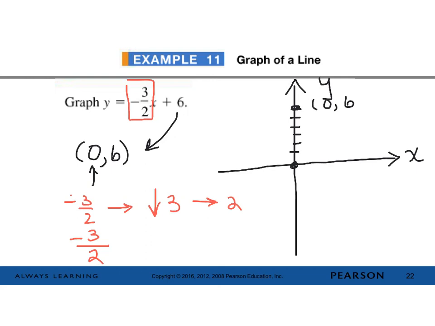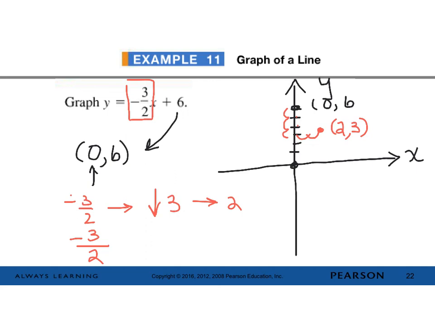So from 0, 6, I'm going to go down 1, 2, 3. Then I'm going to go right 1, 2. And that's going to put me right here. So when I went down 3, I went from 6 to 5, 4, 3. And then when I went right 2, then I went 0, 1, 2. So the coordinates of that point are 2, 3.